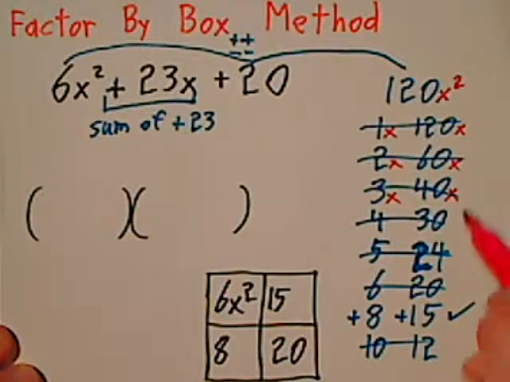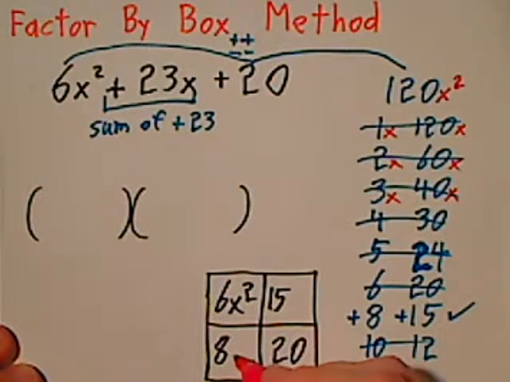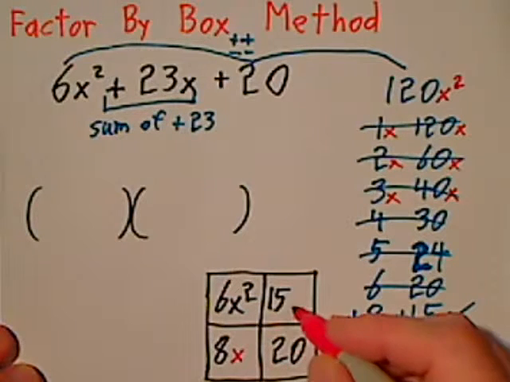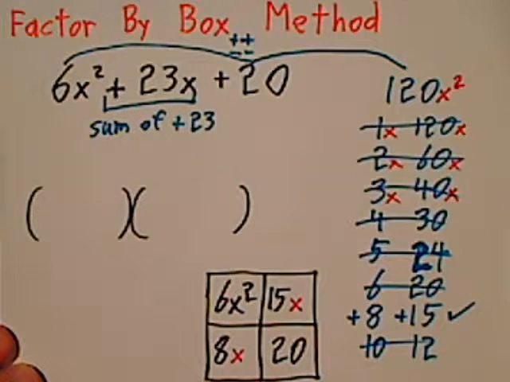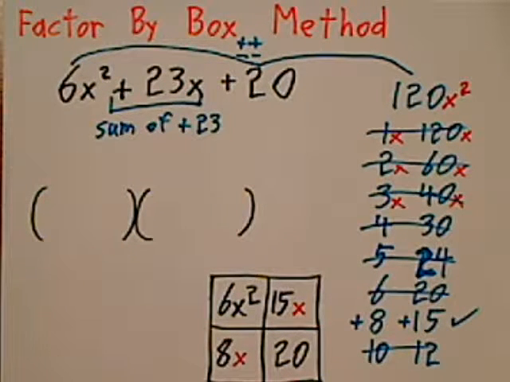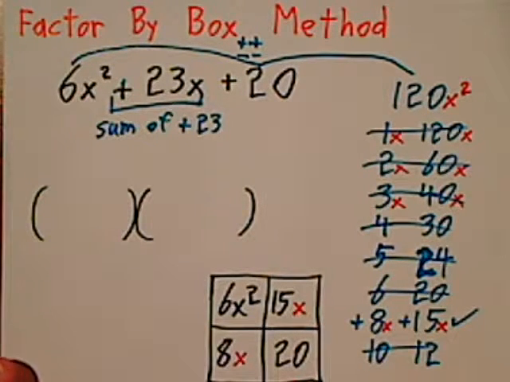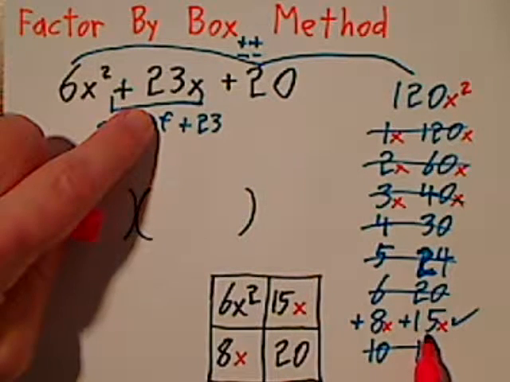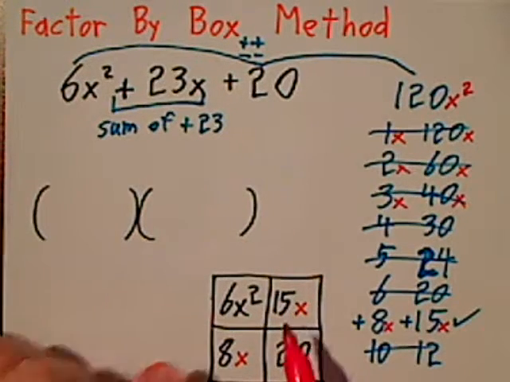So instead of putting x's all the way down both sides, you just have to remember to put the x in each box. Because this is really 8x and 15x. If we add 8x to 15x, we'll get 23x. So that part is how they land in here.